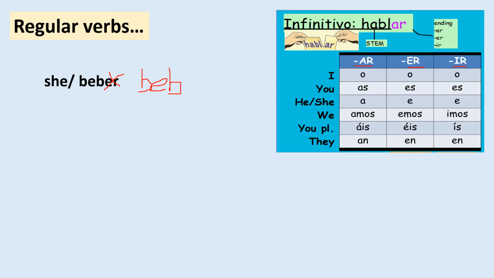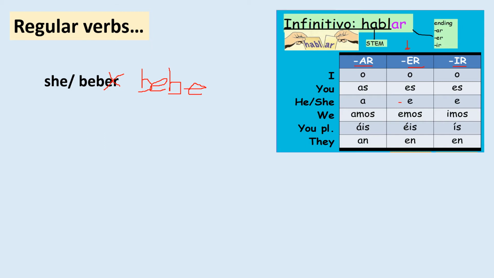So I go to the column of the verbs ending in -er, like beber, and I'm going to choose the ending for the she form, which is -e. So I'm going to add the e to my stem, and I'm left with bebe, which means she drinks.